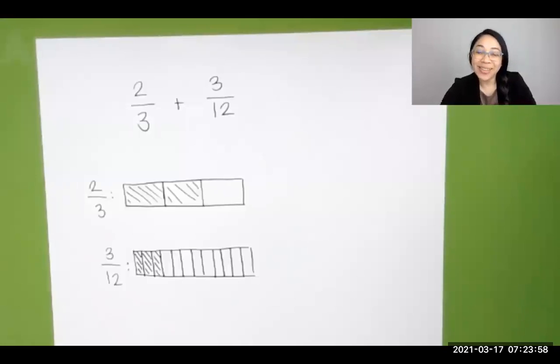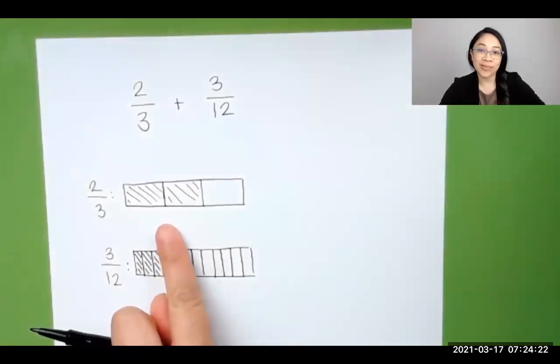Yes, 3 is a factor of 12. Which unit is larger in size, thirds or 12ths? Thirds. So which unit can we decompose? We can decompose the thirds.